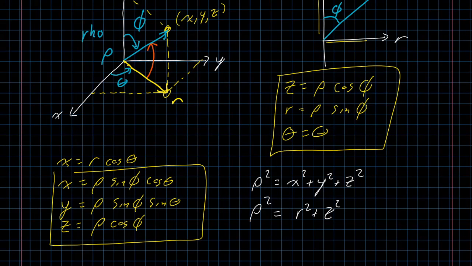I'm going to come back and have you look at why that is the case a little bit later on. But for right now, we'll accept that, and we can use that in order to rewrite things from cylindrical coordinates into rectangular coordinates or vice versa.